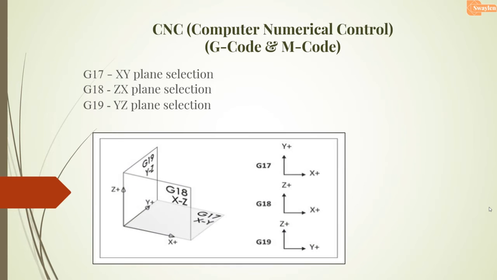You will see with this image you will easily understand. See, the G17 means XY. G18 means the XZ, and G19 means YZ. So this is the G17, G18 and G19. Okay.